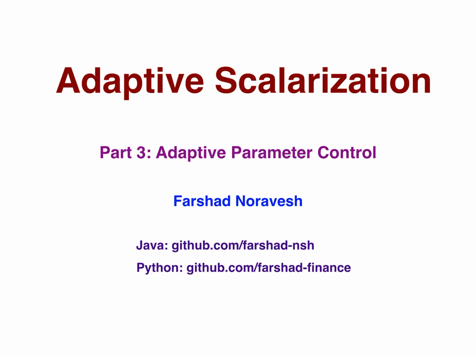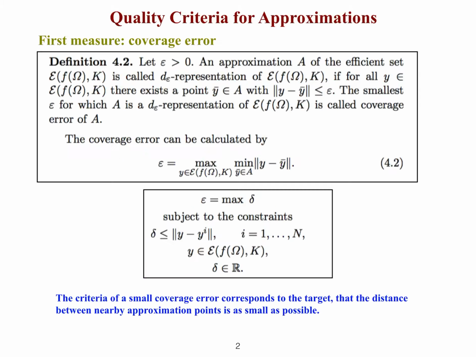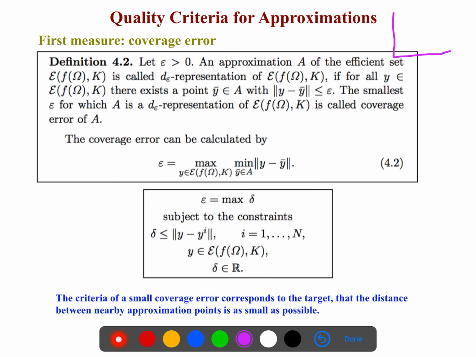So in the last lecture, I want to talk about adaptive parameter control that I just introduced in my previous lecture. Solving a multi-objective optimization should be considered by some quality criteria as well, such as coverage error.